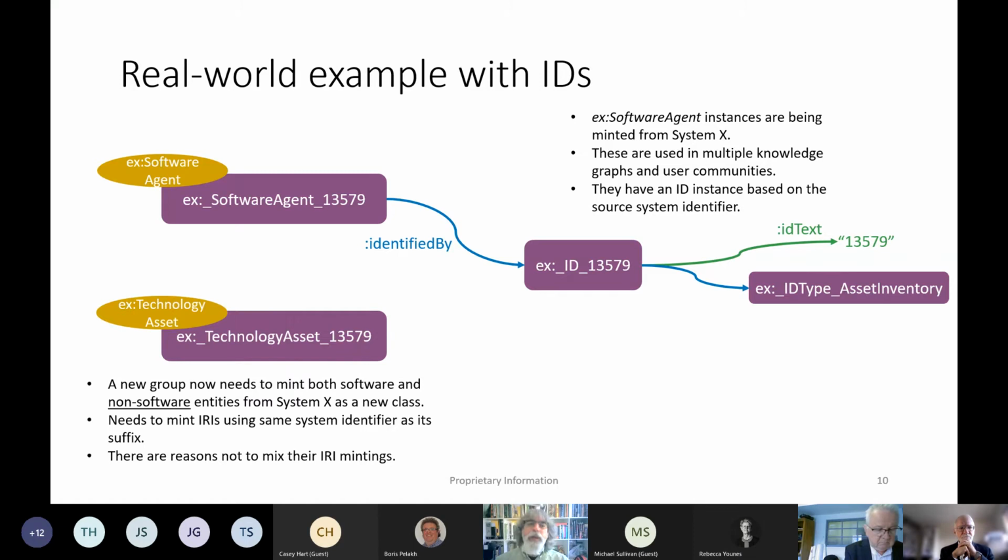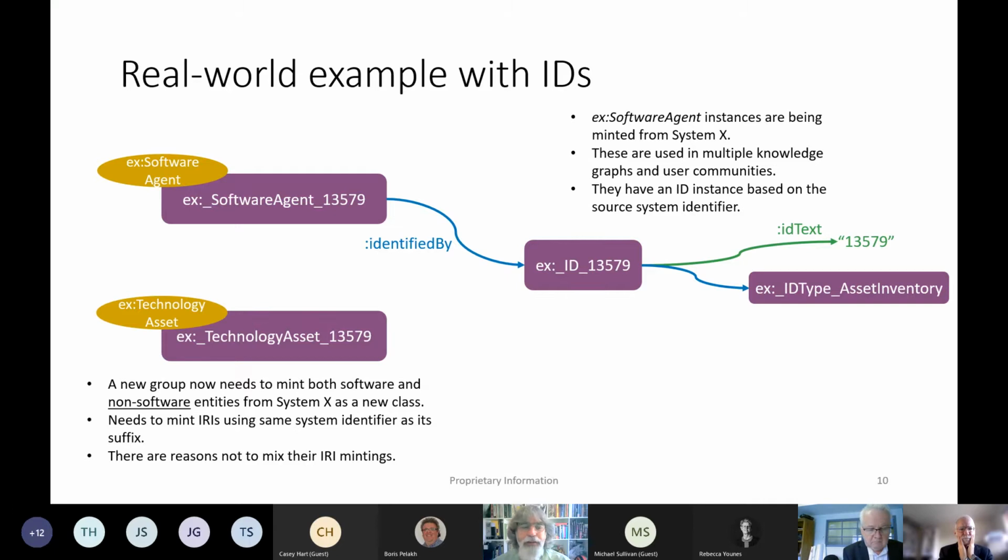But now we have another group within that same firm who are dealing with a slightly different context. And so they need to bring in data from System X that's beyond just the software agent. There are other things in there, technology assets, that they need to semantify the data for.